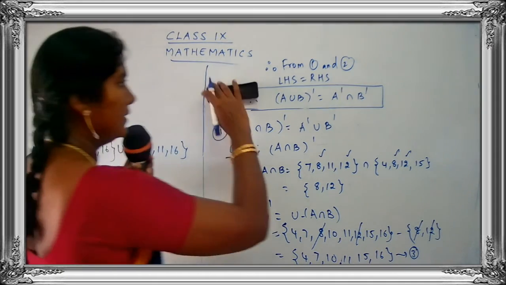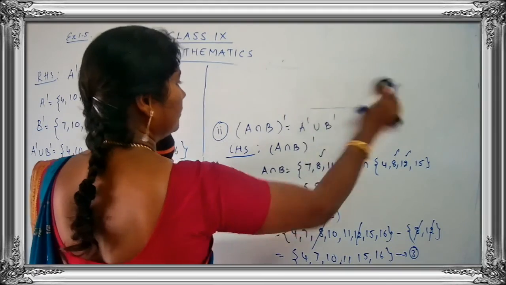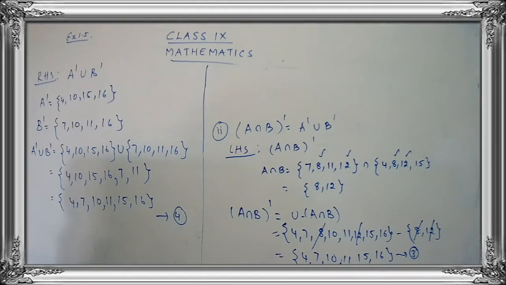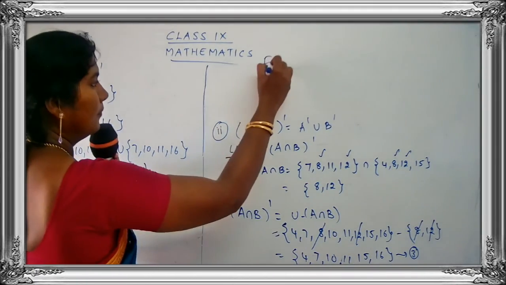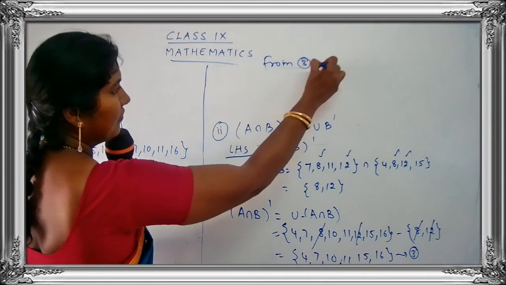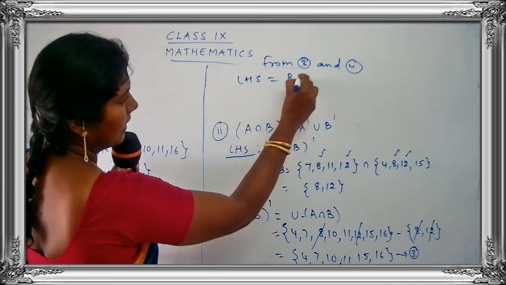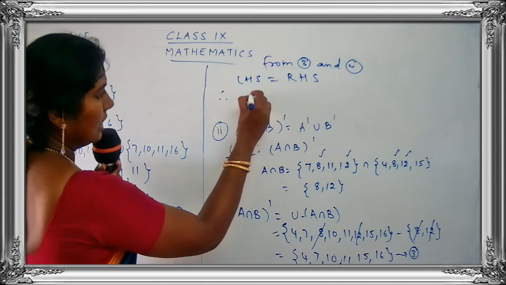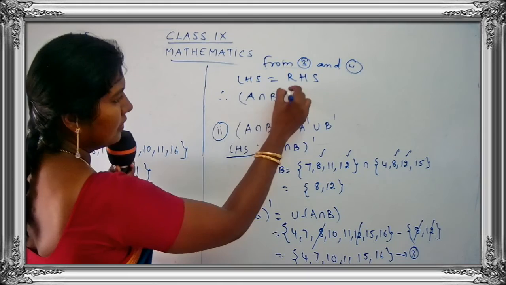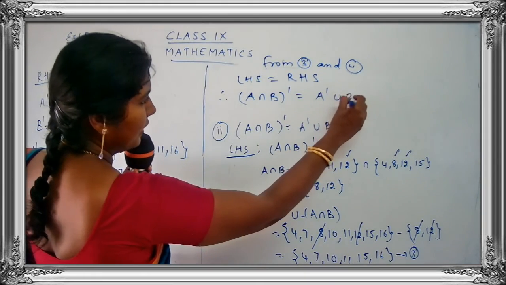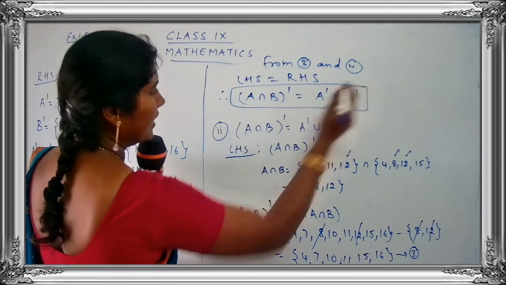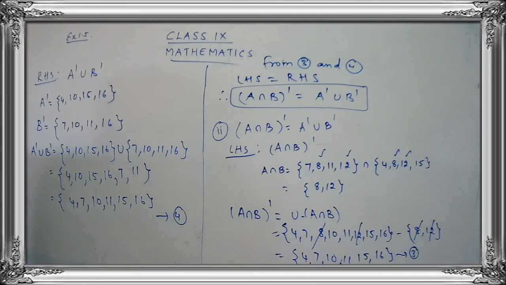I'll continue with the final statement. Just complete the final statement. So from 3 and 4, LHS is equal to RHS. Therefore, A intersection B the whole dash is equal to A dash union B dash. So we have verified both the parts.